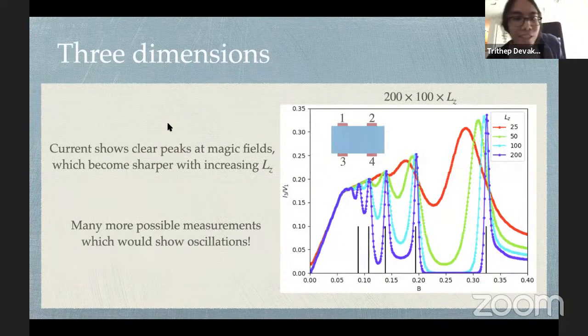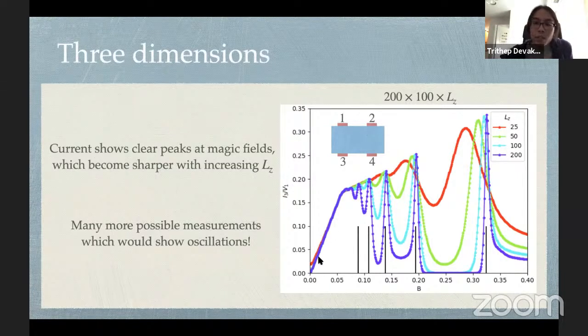So here's just some numerics. I'm considering Lx equals 200, Ly equals 100, and Lz variable. And I'm looking at the current that's coming out of the third lead as a function of magnetic field. So at low fields, you don't get any current coming out here. It's all going in and coming out through the second lead.